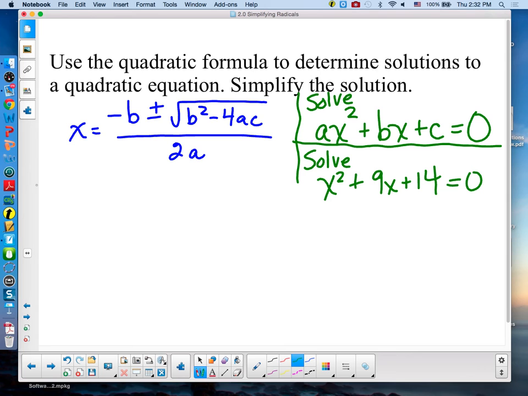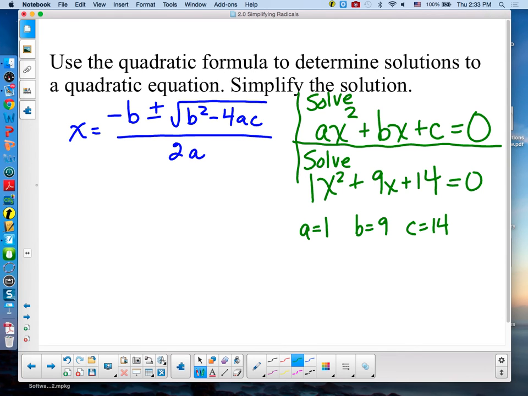So the a is the coefficient of the x squared, which is understood to be 1. So for the problem we're doing, a is 1. B is the coefficient of the linear term, the part that doesn't have an exponent, so 9. And the c is the constant, 14.